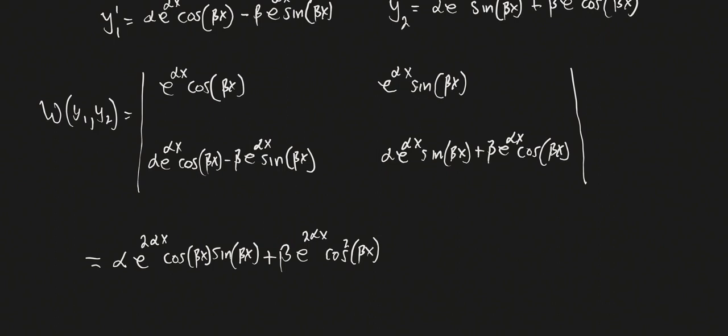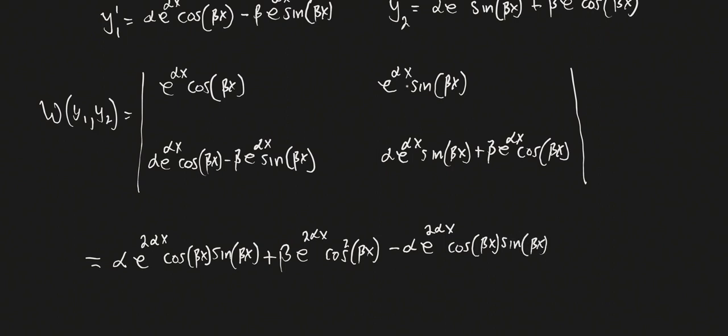Now let's do B times C. So take this function, again, multiply the first term. When I multiply the first term, what do I get? I'll have an alpha. And remember, this is a minus now. So I'll have minus alpha e to the 2 alpha x. And then I have to multiply, again, the cosine and the sine terms. So cosine beta x sine beta x.